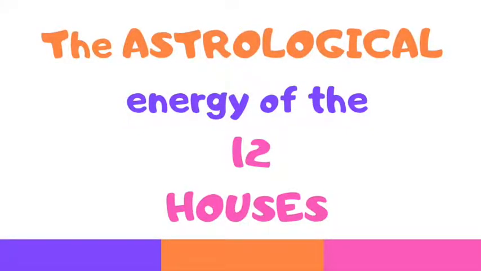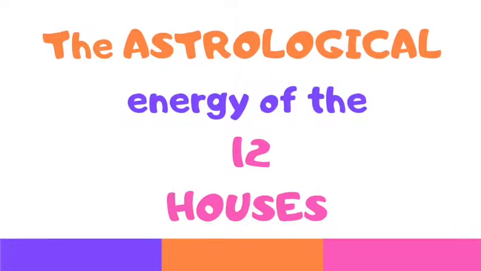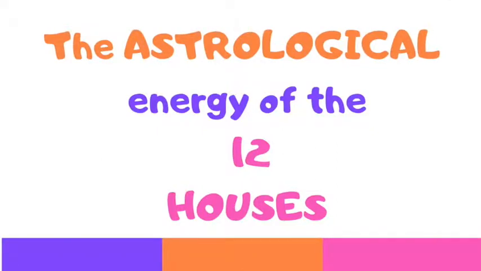And remember, any planets that also fall on the angles, the ascendant, the descendant, the midheaven, or the IC, are super, super, super strong and very important to pay attention to. We're talking houses now, but I had to bring that up because I know some of you have energies falling on those angles.